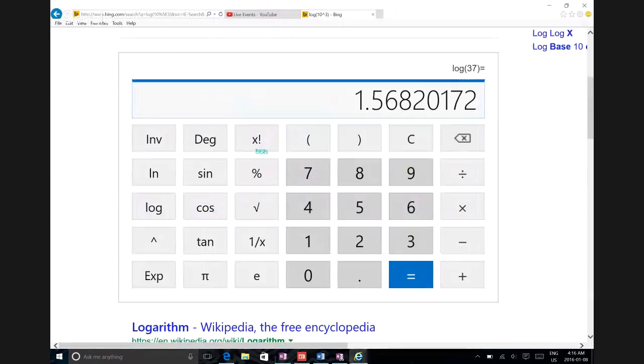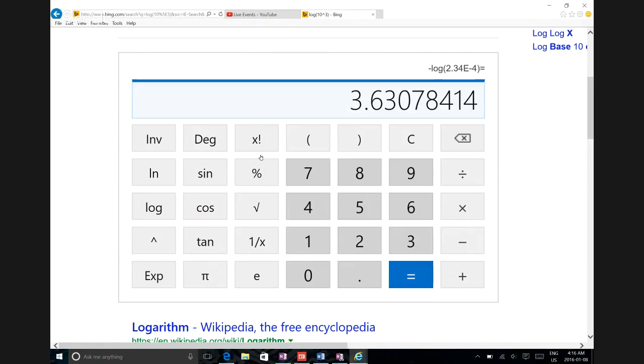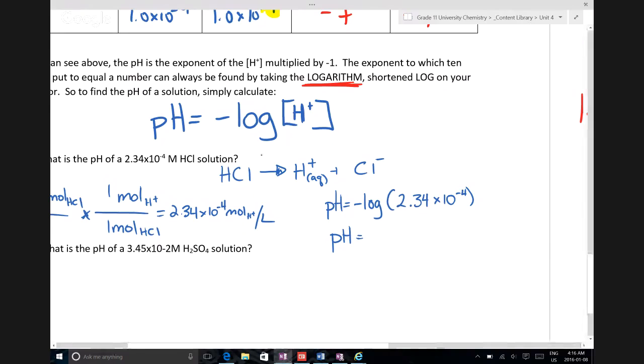We would go back to our scientific calculator, and we would say we want the negative log of 2.34 times 10 to the negative 4. And it'll tell us specifically that the answer to that is 3.63. And that is the pH of this solution.